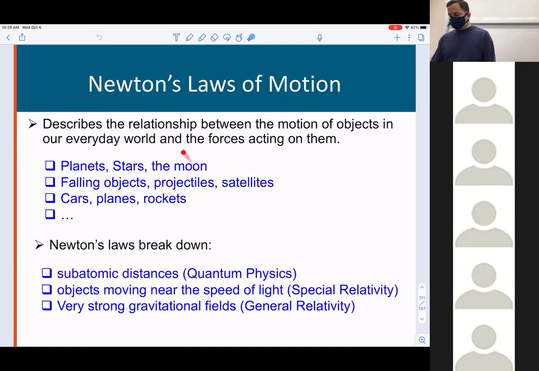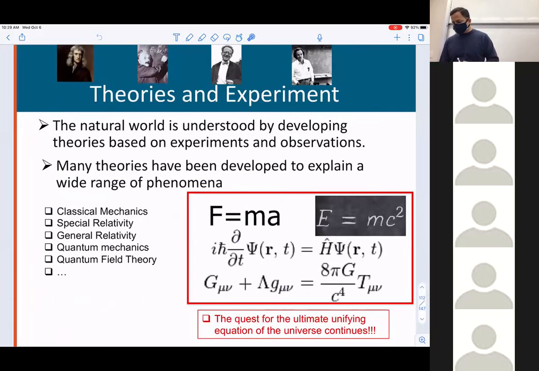But for most everyday phenomena we experience, Newton's laws of motion are an incredibly good approximation for describing the world, good enough to put man on the moon and put satellites into orbit, and then we're all on Facebook or whatever. So it's good enough for all of that.